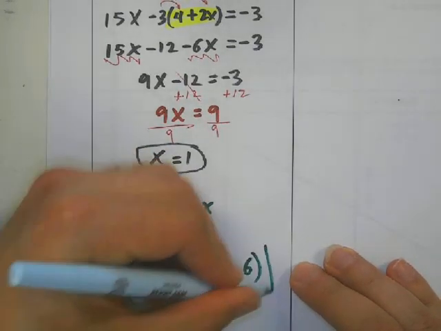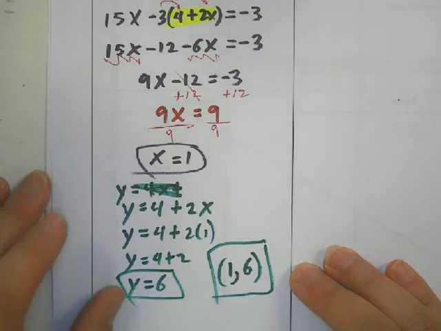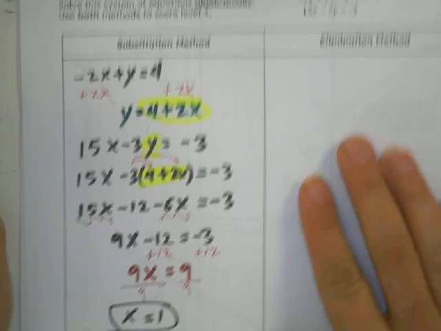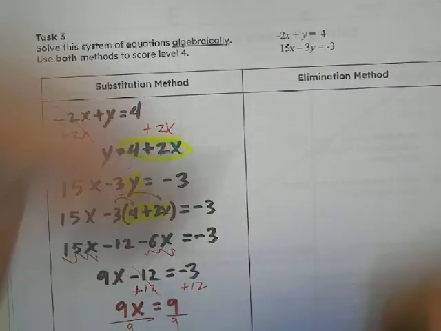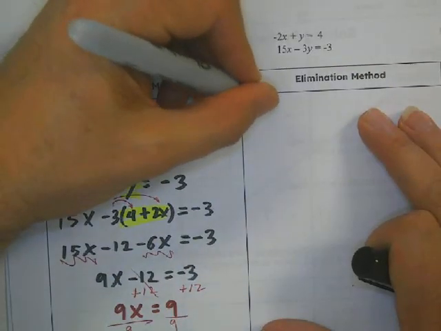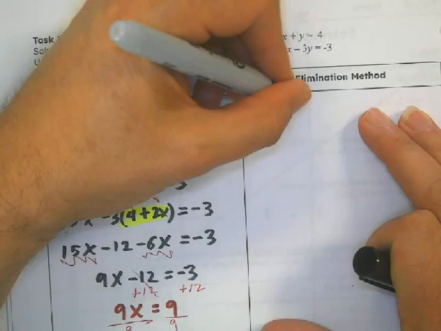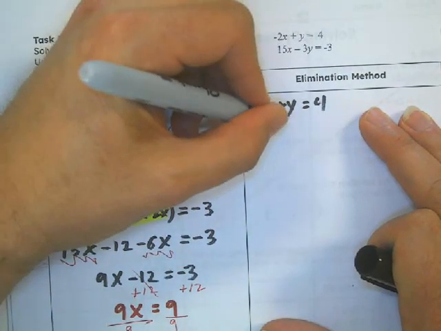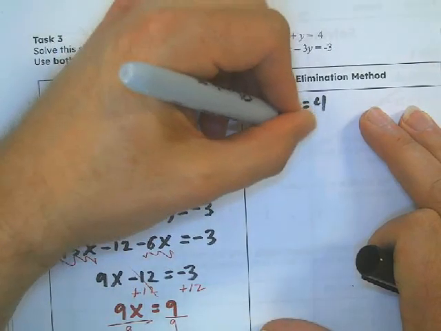Okay, so now I'm going to do the same process using elimination. I'm going to rewrite the equations. Negative 2x plus y equals 4, and I've got 15x minus 3y equals negative 3.